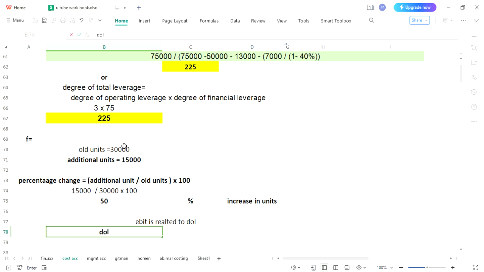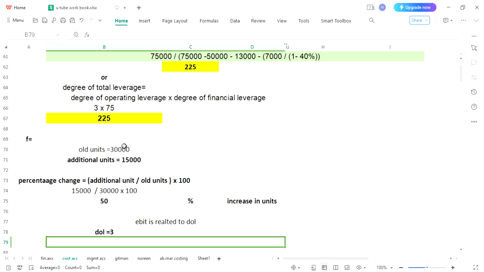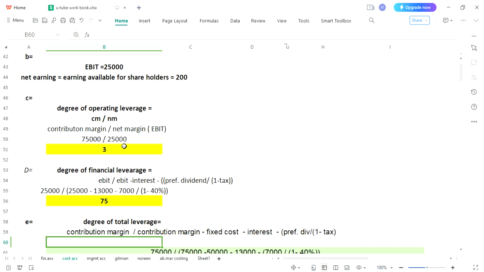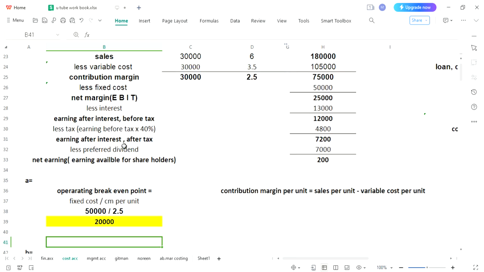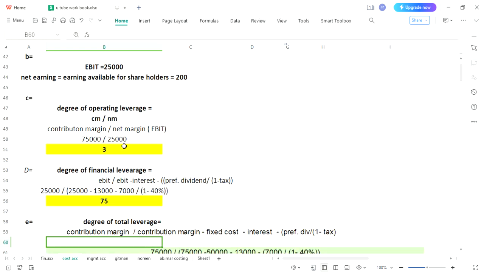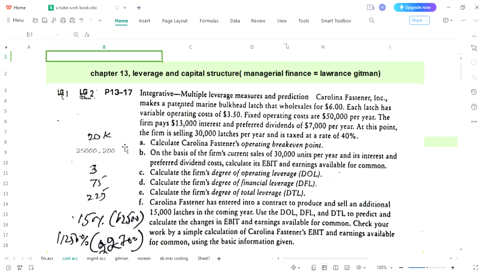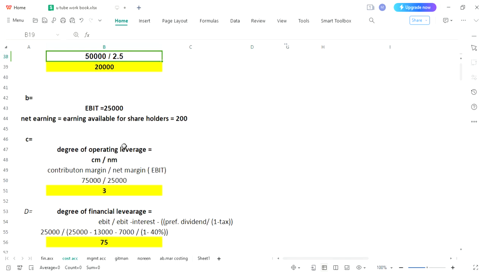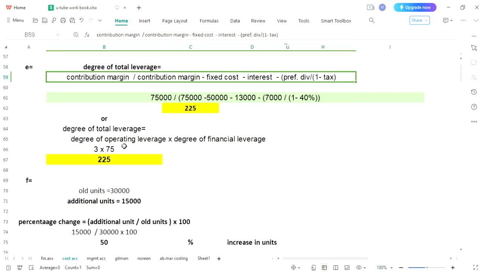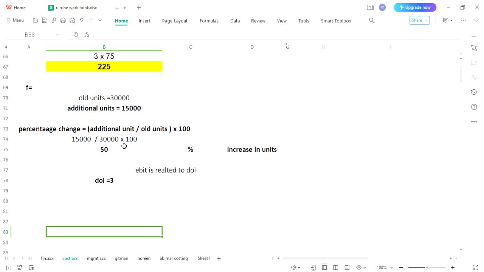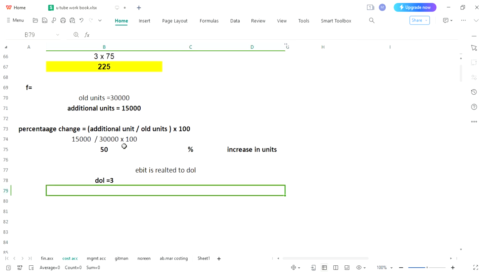Degree of operating leverage is 3 and your EBIT was 25,000, and the change in percentage which we have discussed was 50%.